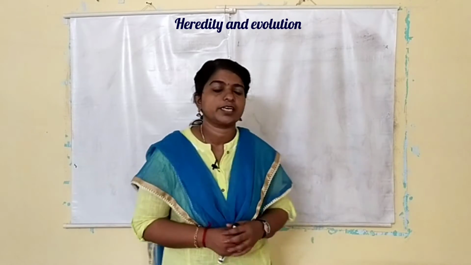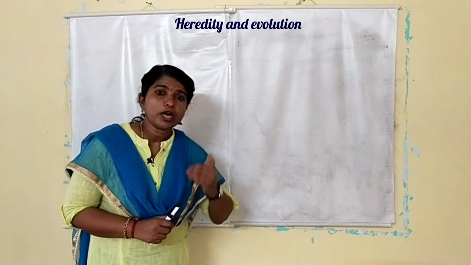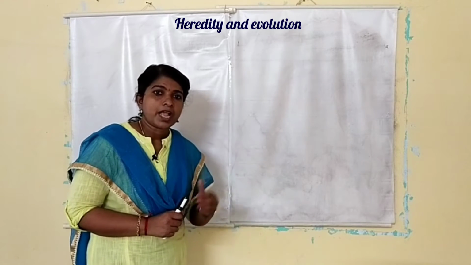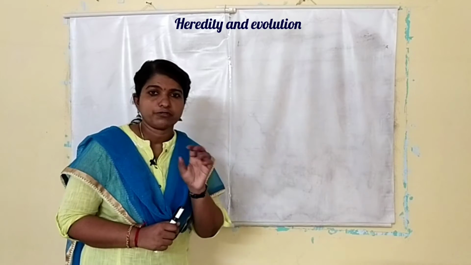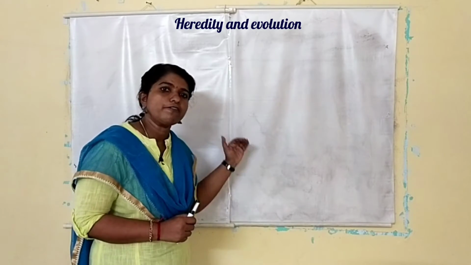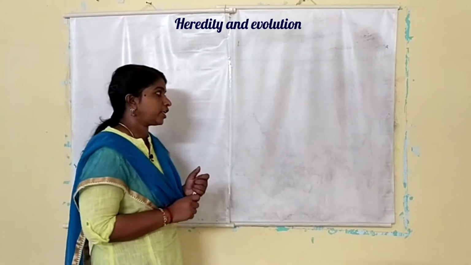Okay, let us check. For example, if we take a tall pea plant with violet flowers and cross it with a dwarf pea plant with white flowers, what will happen, or what progenies will we get?